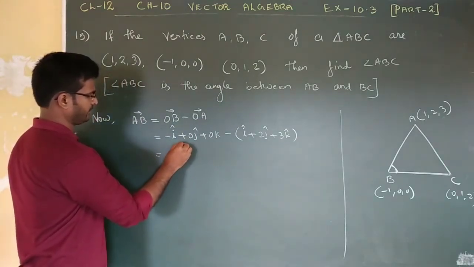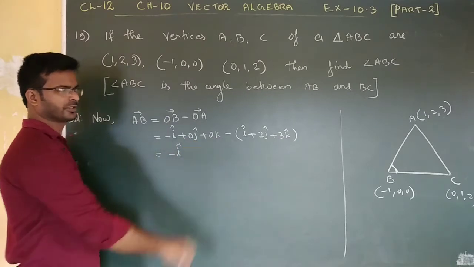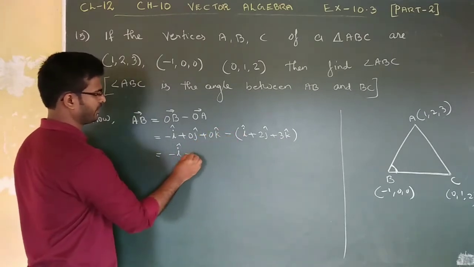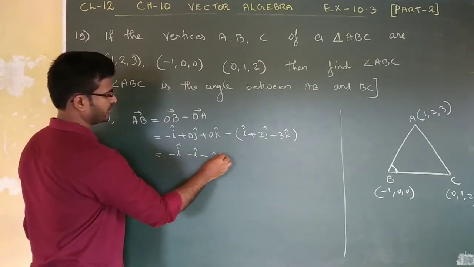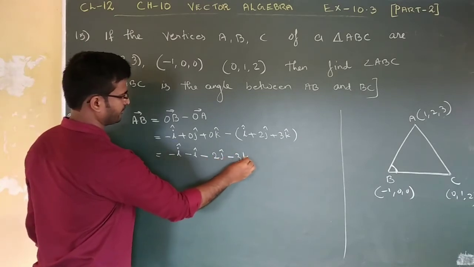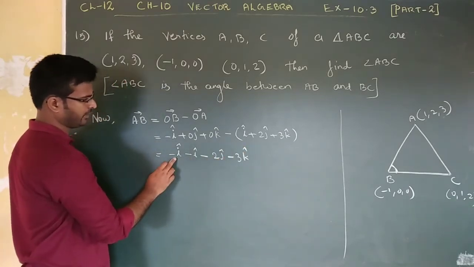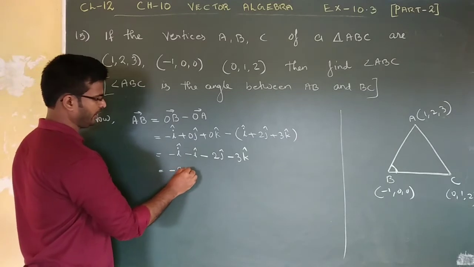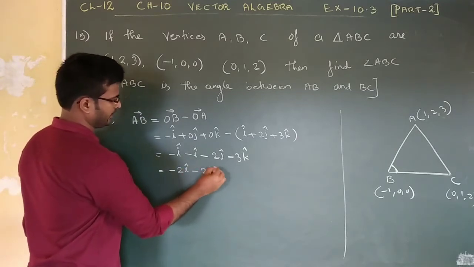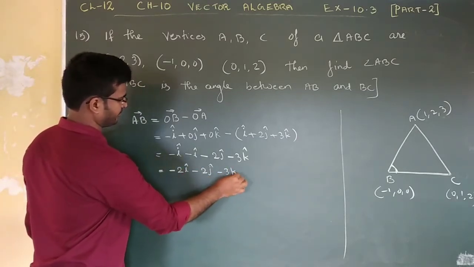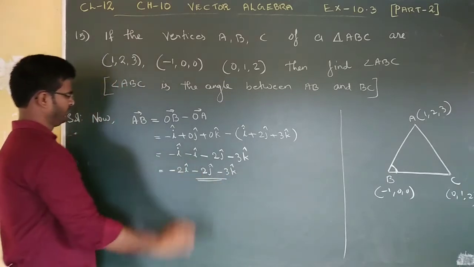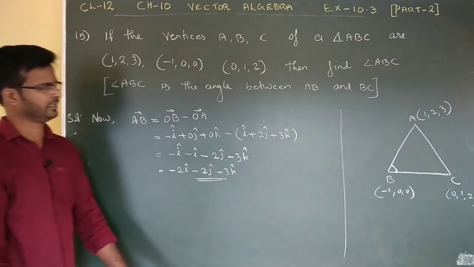Minus i, the 0j and 0k no need to write. This minus gives inside, minus i, again minus 2j minus 3k, equal to minus i minus 2i minus 2j minus 3k. We got AB vector.